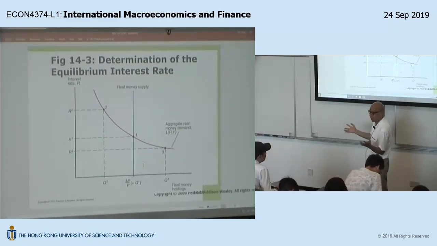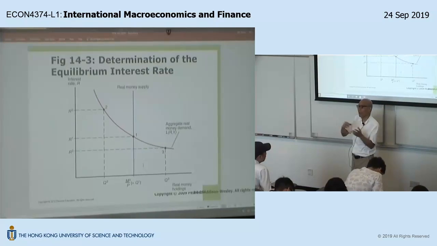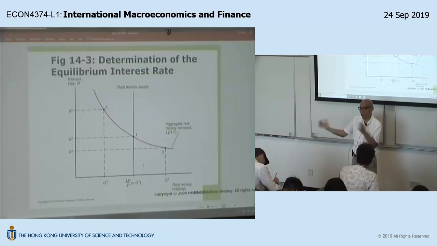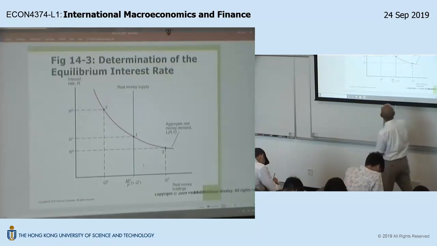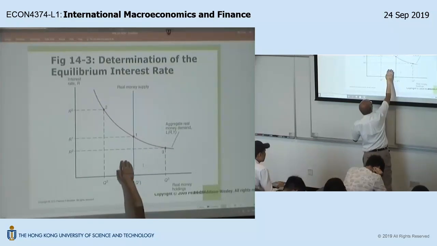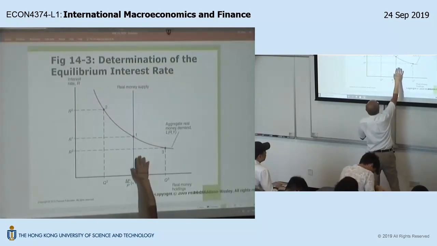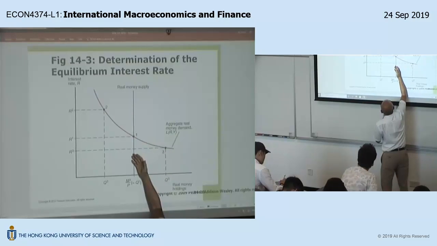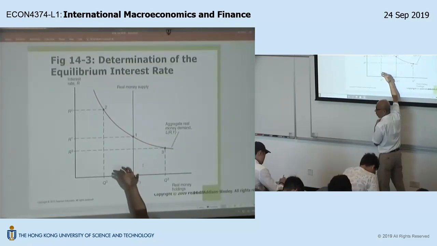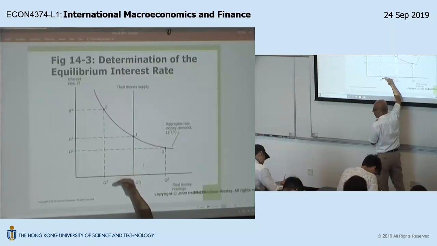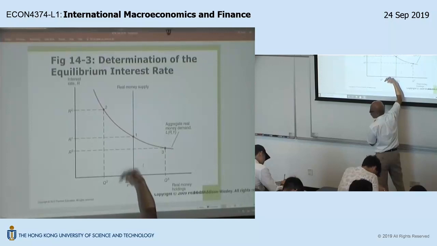They are actually two sides of the same coin, because people are really allocating their financial resources into just these two types of assets. So in other words, what happens is that when there's excess demand for money, there is excess supply of bonds, and therefore, in the bond market, the interest rate will have to rise.